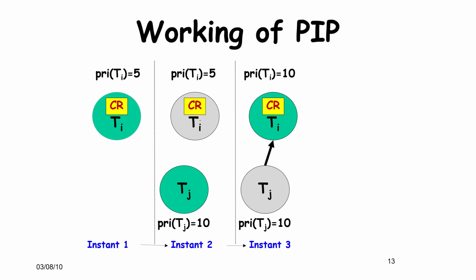So Ti is holding a resource, but Tj has the higher priority. The higher priority is transferred to Ti, in the sense it inherits the priority, and now Tj waits for Ti to complete. So this is an example of a priority inversion, no doubt. But the fact is that we are cutting out this unbounded priority inversion problem.